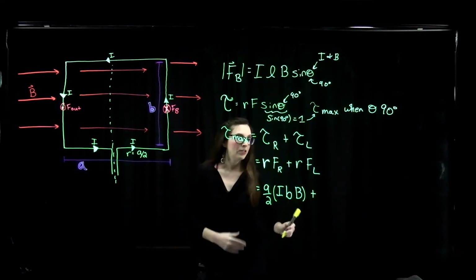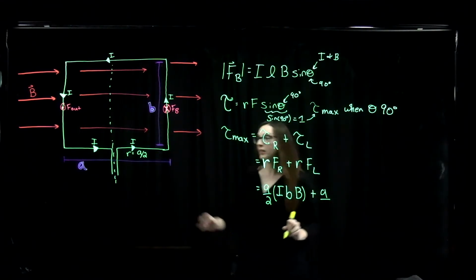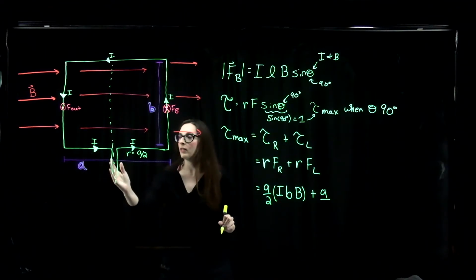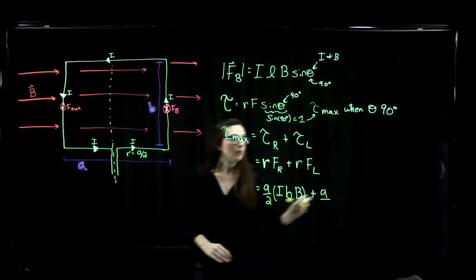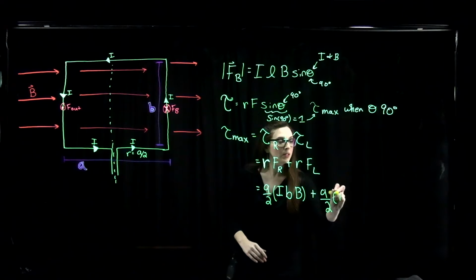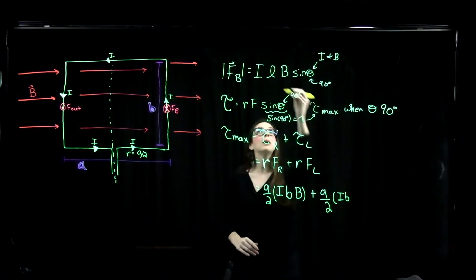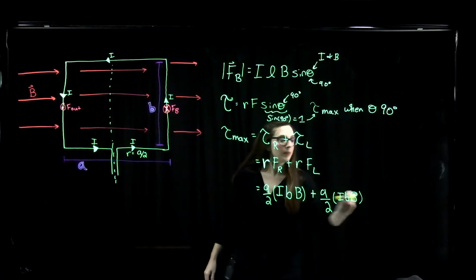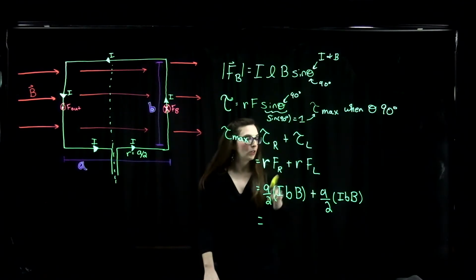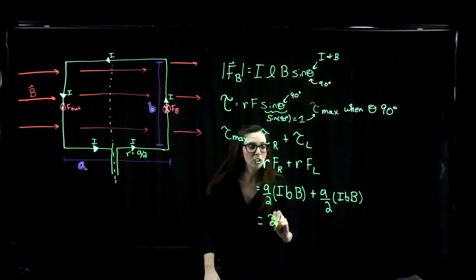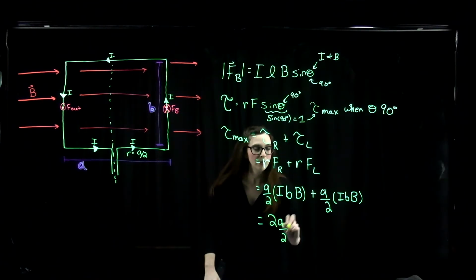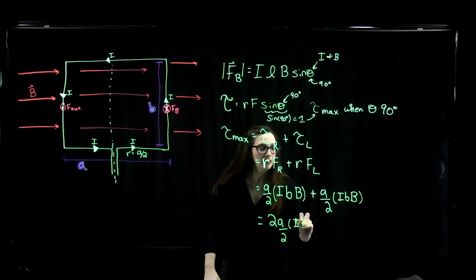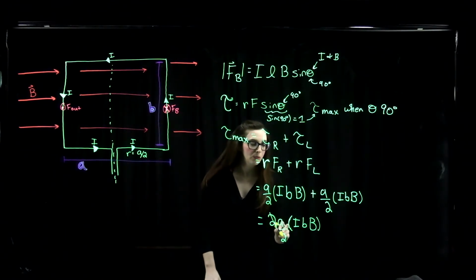For the other side, we have our distance R, which is half this distance A, so R was A over 2, times I times the length of that side times B. Both of these terms are the same, so we have 2A over 2 times I little b big B. Those 2's cancel.